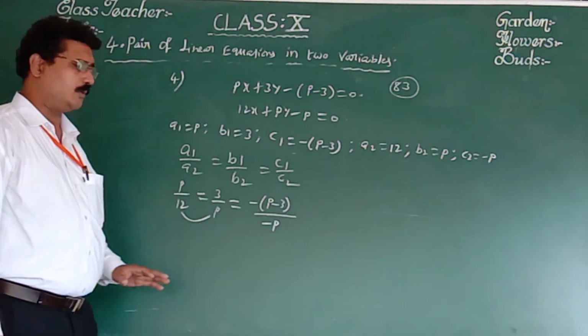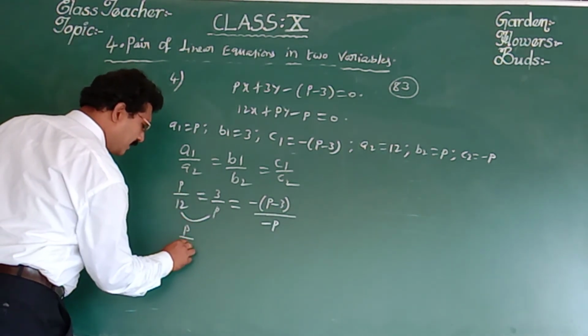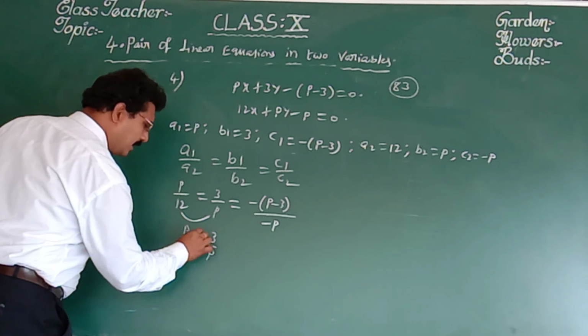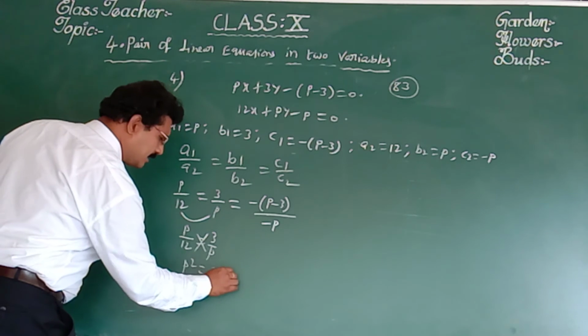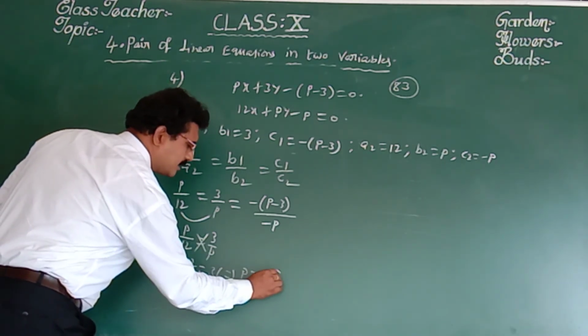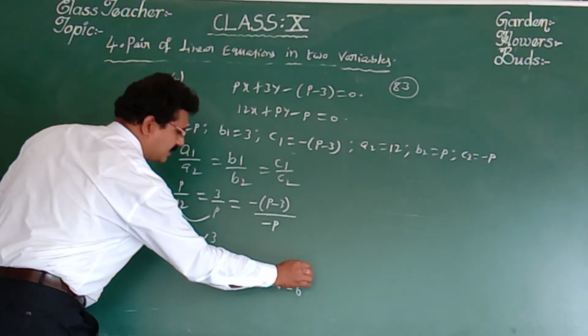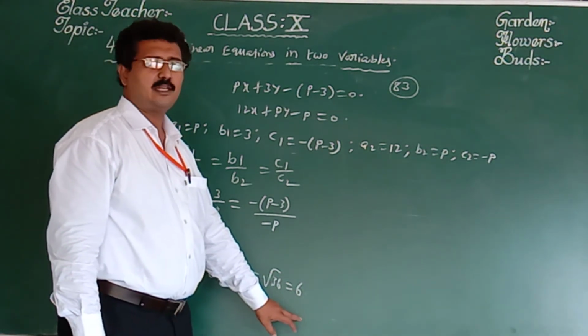Suppose you take the first two. p/12 = 3/p. Cross multiply. p² = 12 × 3 = 36. Implies p = ±√36 = ±6. Therefore the p value is +6 or -6.